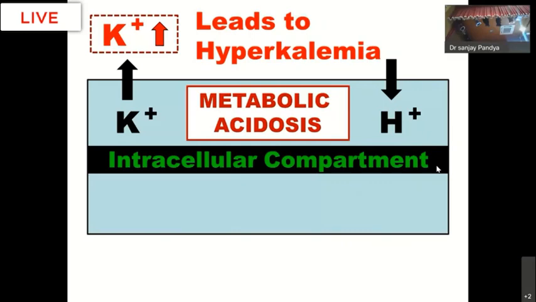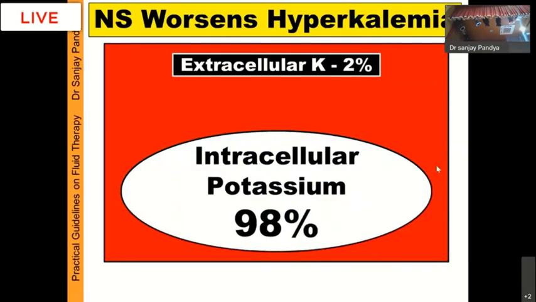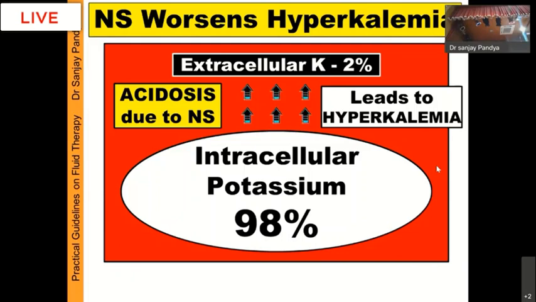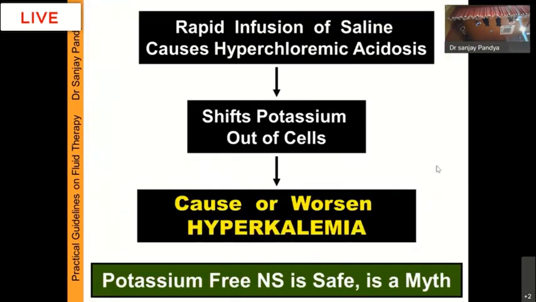And therefore, when a large amount of saline is given, it will push the potassium out. Against that, when RL is given, it has a metabolic alkalosis effect, will correct acidosis and will shift potassium inside the cell.